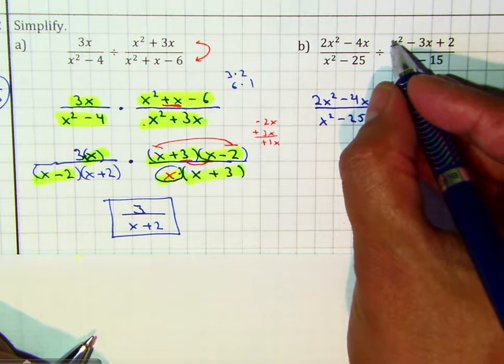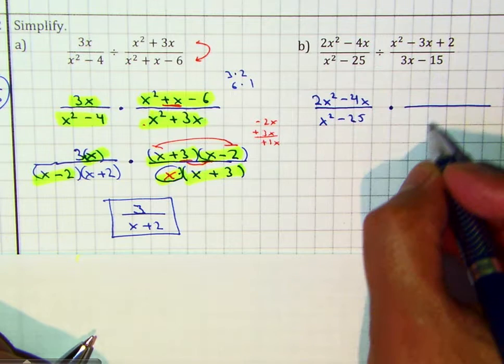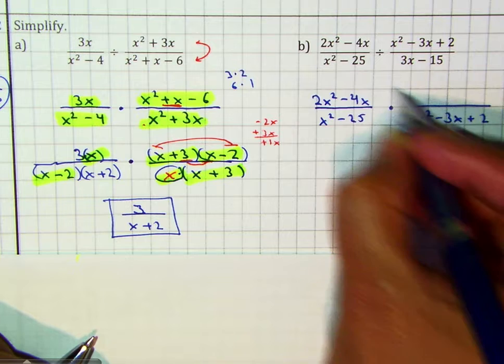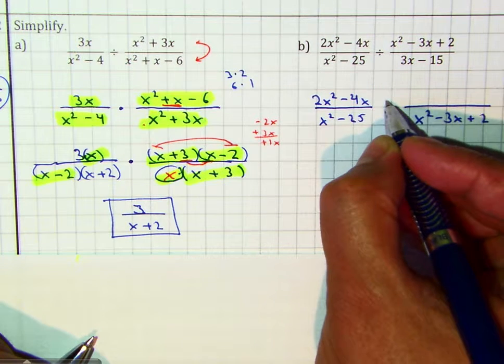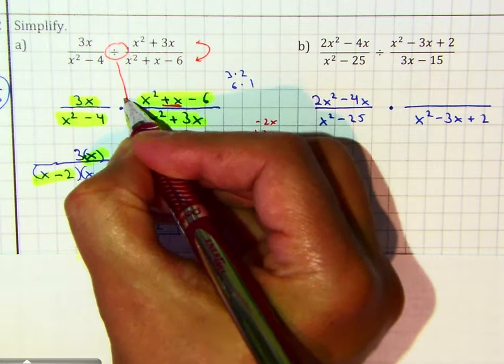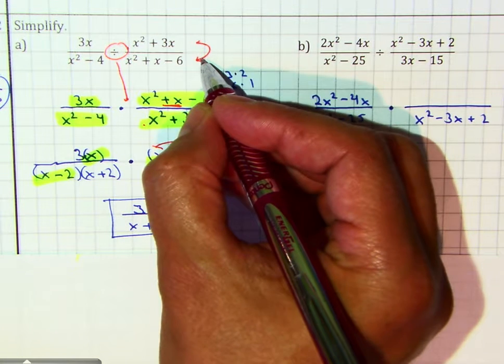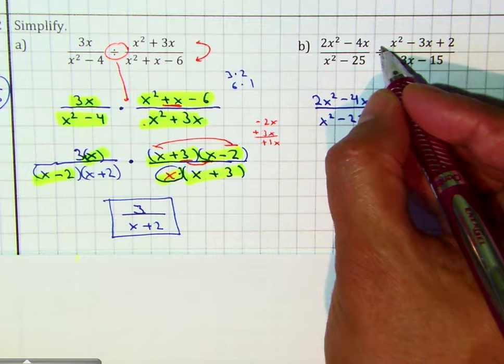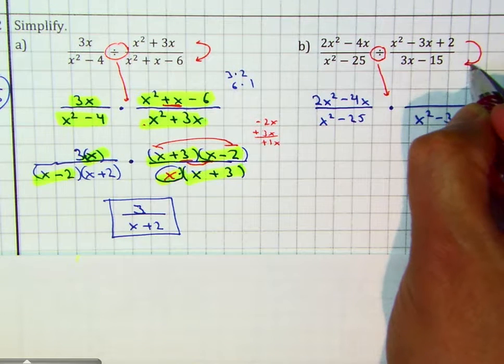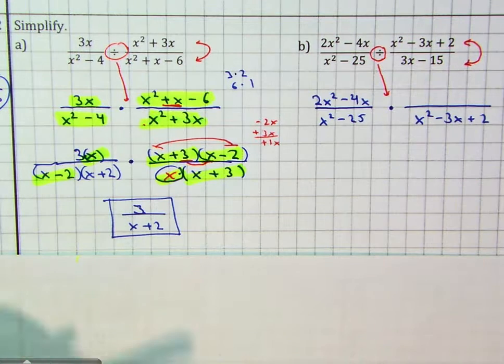I'm going to make sure that my numerator goes in the denominator now, and that is because I changed my division to a multiplication. If I change my division to multiplication, I need to change the second fraction to the reciprocal.